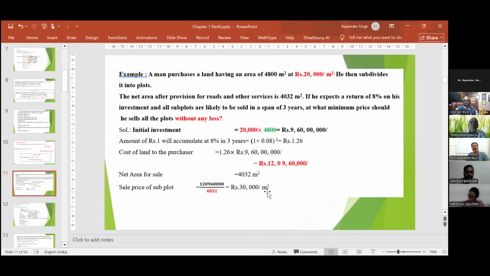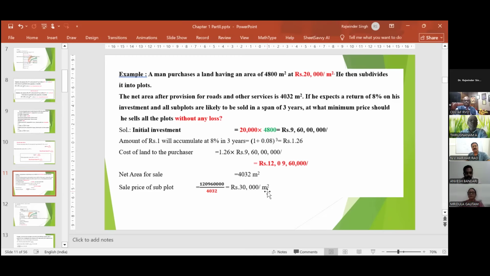Sir, in this question it is asked that in a span of 3 years, which means after 3 years. We could assume that certain plots are sold in the first year, the second year, and the third year, but we will assume that all the plots are sold in the third year itself, just to make things clear.